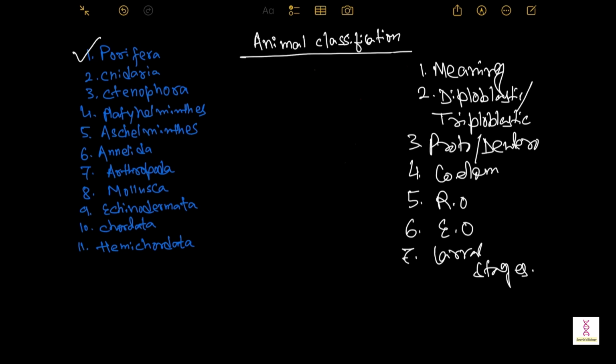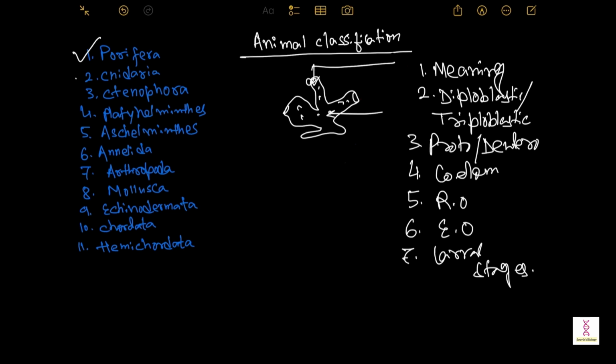If we draw the structure, this is the sponge, pore like structures are present within the whole body, these are called ostia, and the main opening at the top of the body is called osculum. These are the main points of Porifera.